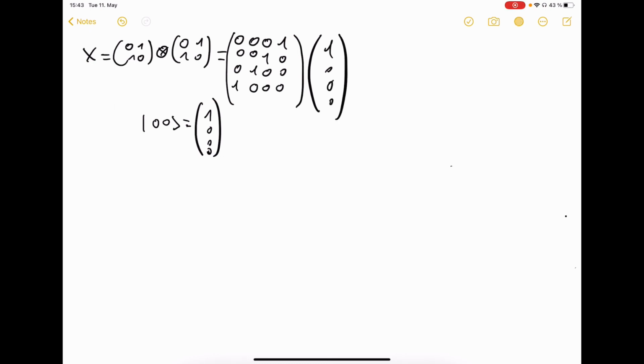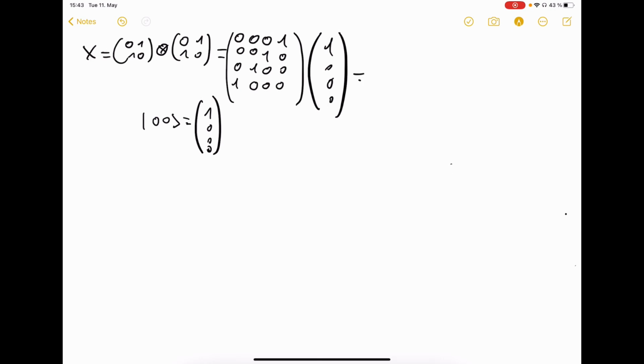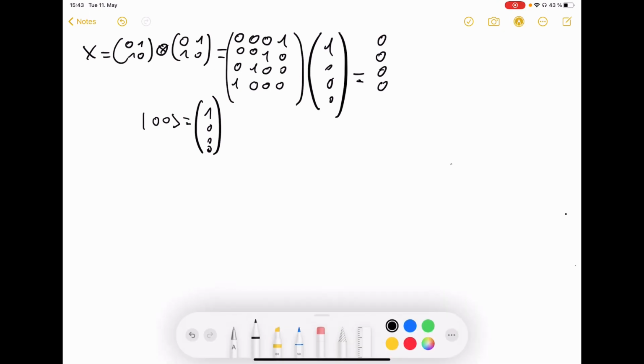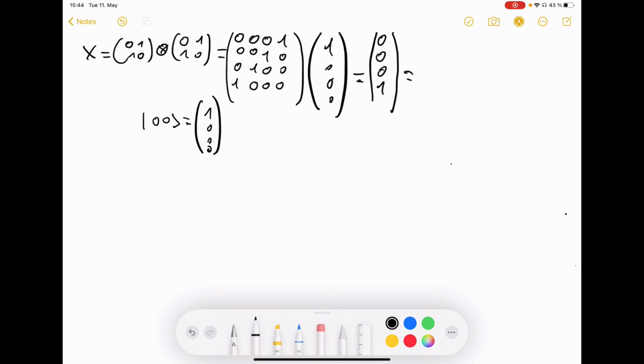We execute it, and we see there is no match with ones in the first row, so the first entry will be 0, the second one equally, the third one as well, and in the fourth one we have 1 times 1, and the rest 0 times 0, which gives us 1 at the bottom, which is the state 1, 1.